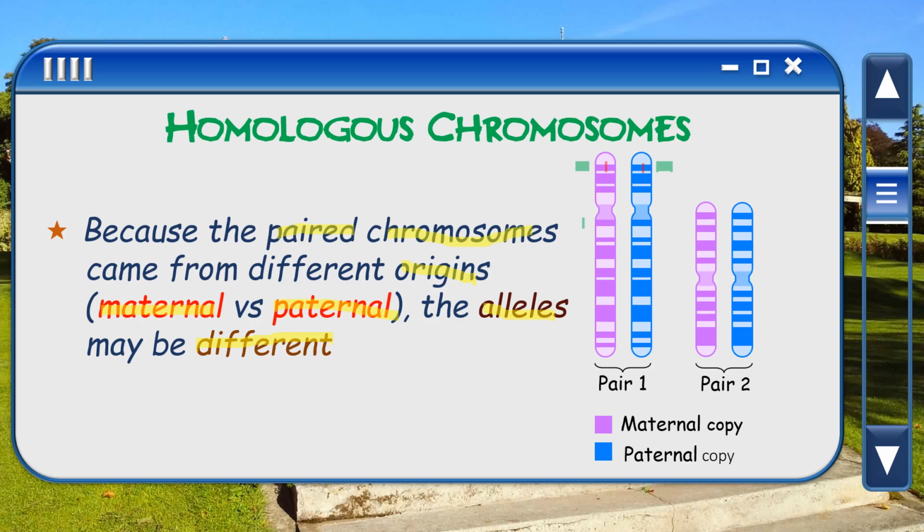This one is a maternal chromosome and this one is a paternal chromosome, but they are paired, homologous chromosomes, meaning that genes are located at the same loci. Those genes at the same point are the same gene, but they might be different alleles.